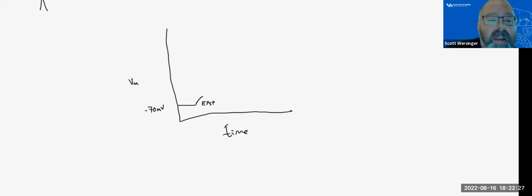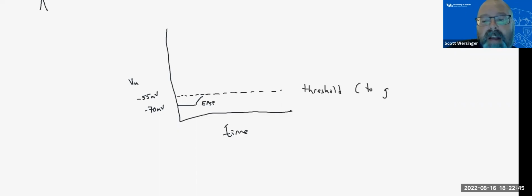We're going to get a little depolarization until we reach minus 55 millivolts, and minus 55 millivolts is threshold. This is threshold to generate an action potential. So we get this excitation.